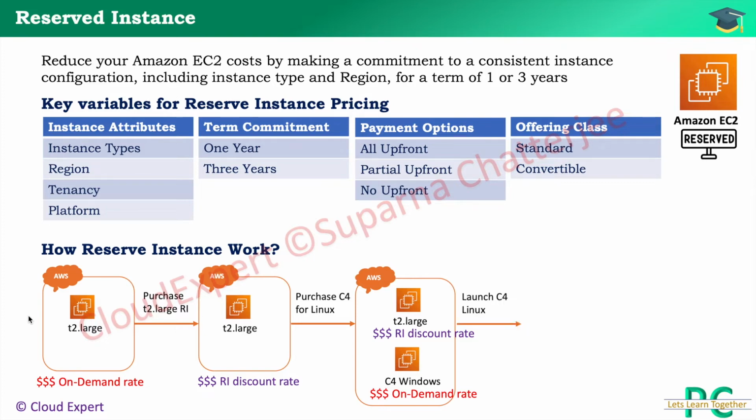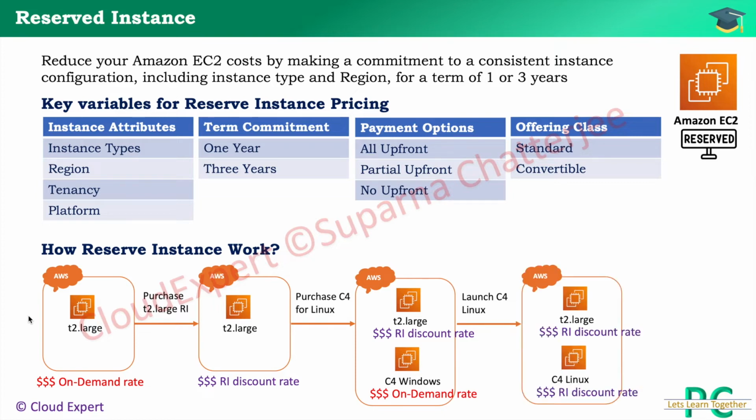Now, if you launch a C4 Linux, in that case, you are going to get the reserved instance discount for both instances. So you have to understand the reserved instance is solely based on the attributes. If anything is not matching, you will not get that discount.